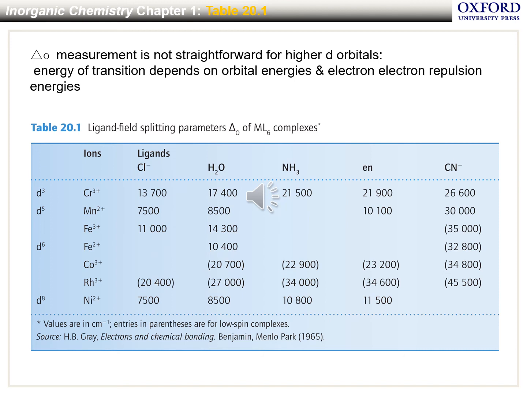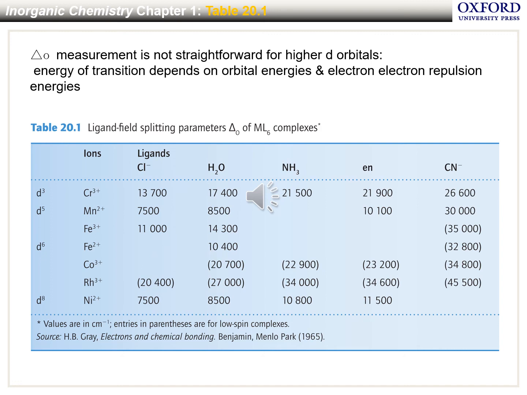So delta O is a measurement which is straightforward for higher d orbitals. The energy of transition depends on the orbital energies and electron repulsion. Examples here for the delta O of ML6 complexes are given. So for example, chromium 3 plus would have a delta O of 13,700 when the ligand is chloride.